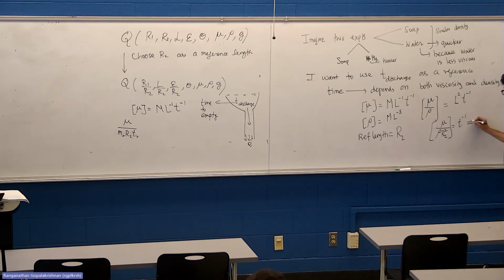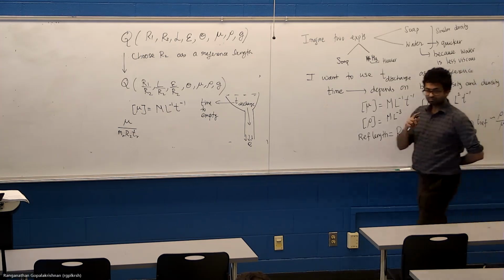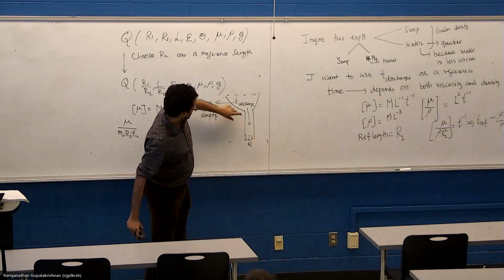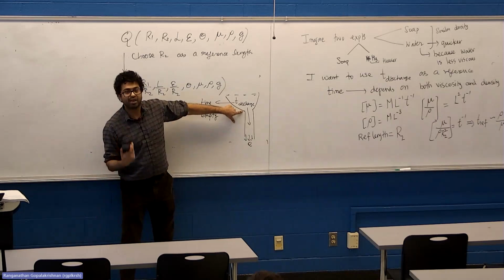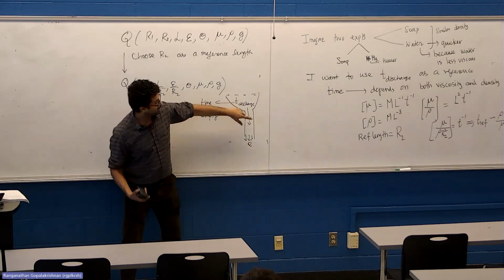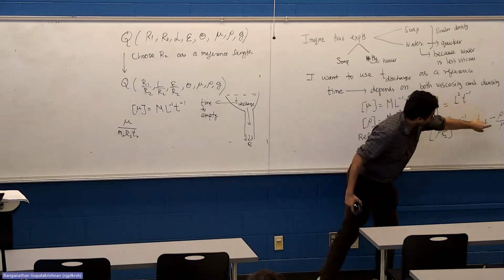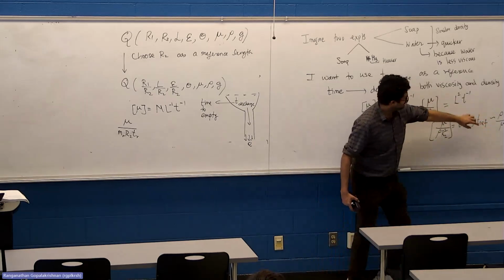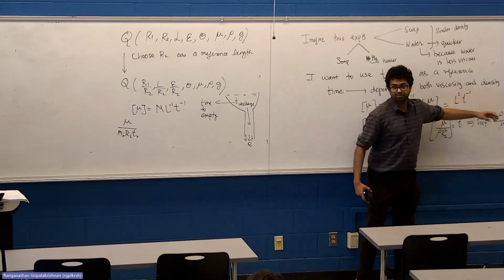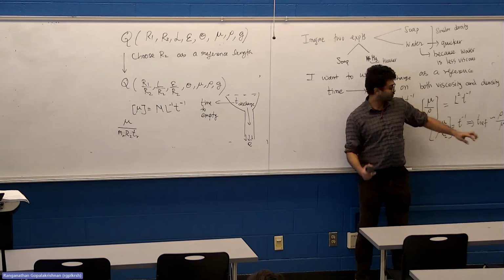Okay, so if I want a reference time, I can make the case it should scale with rho R2 squared over viscosity. It's like saying, if I have a very heavy fluid, or a very less viscous fluid, or a wider tube, this reference time will be large. It scales with all three of them.